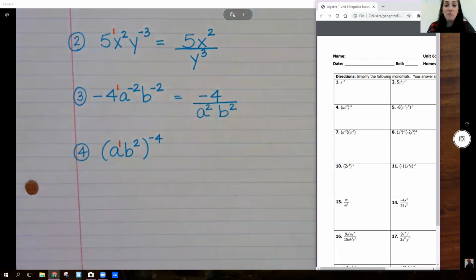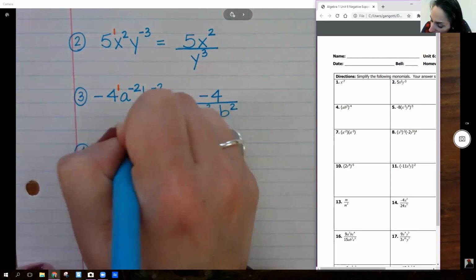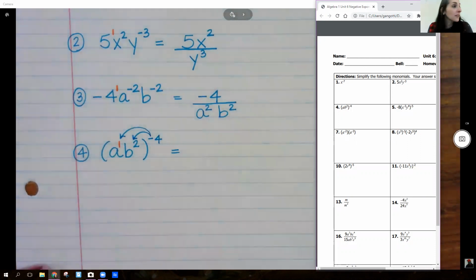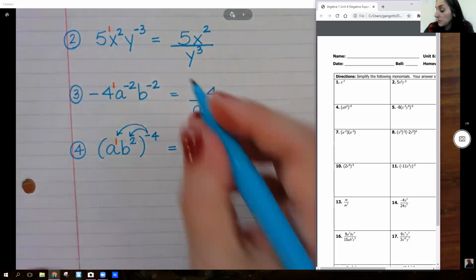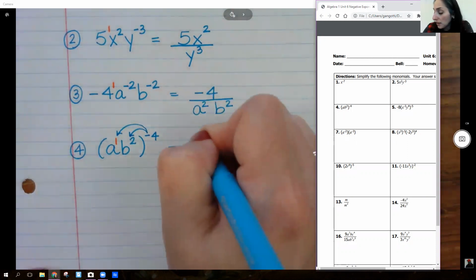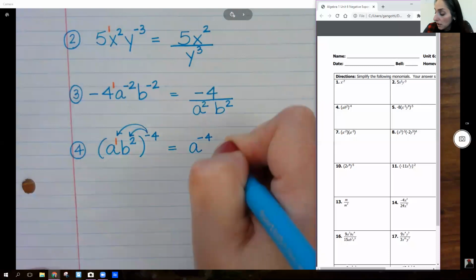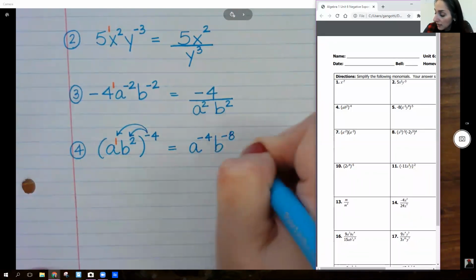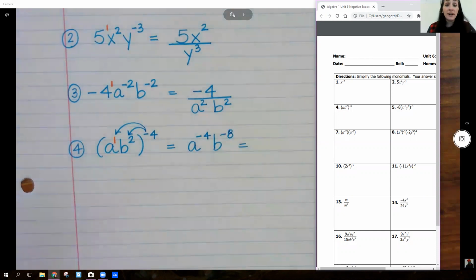I like to use as much color as possible. All right, so we're gonna distribute -4 times 1, -4 times 2. So this would be A to the -4, B to the -8.